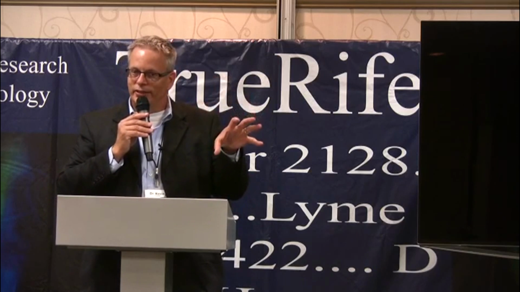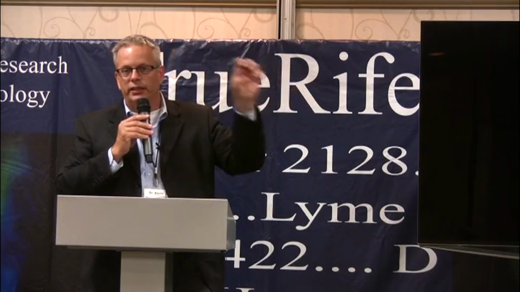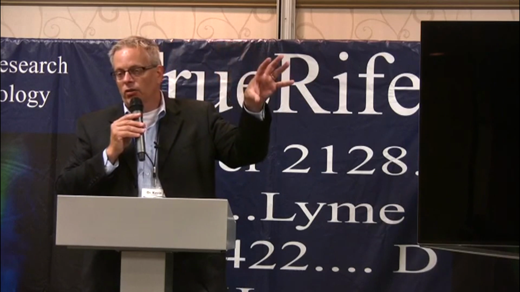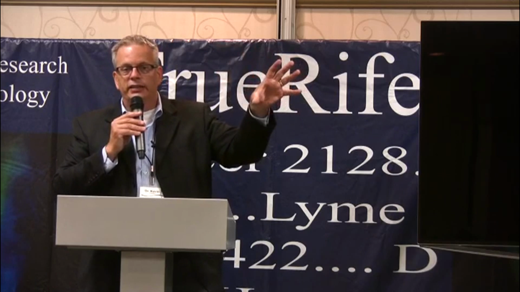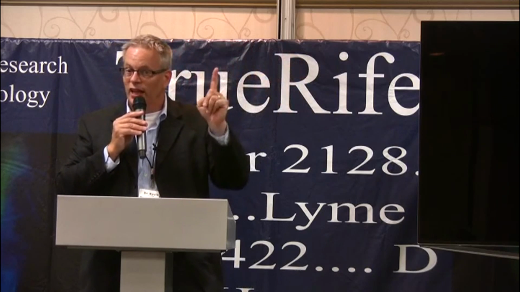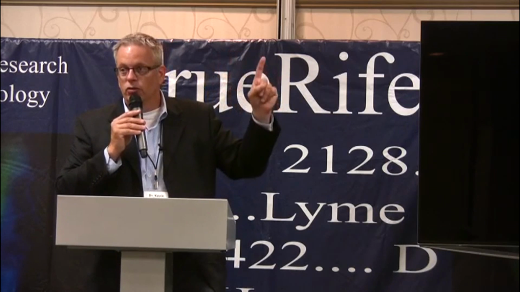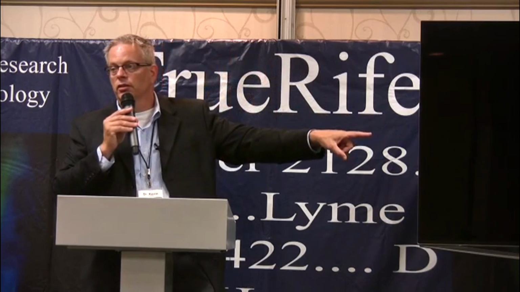So understand what cancer is. Cancer is a normal cell that is, for some reason, not going through normal programmed cell death, apoptosis. It is in a state of rapid replication, which in itself is a state of an issue with methylation.